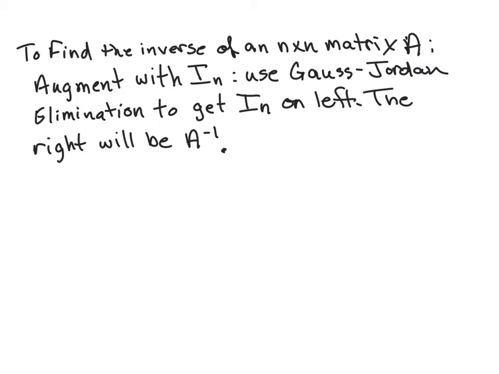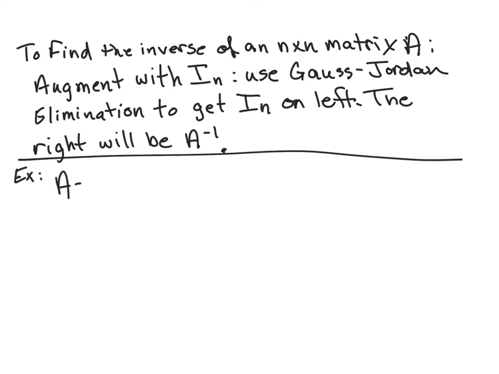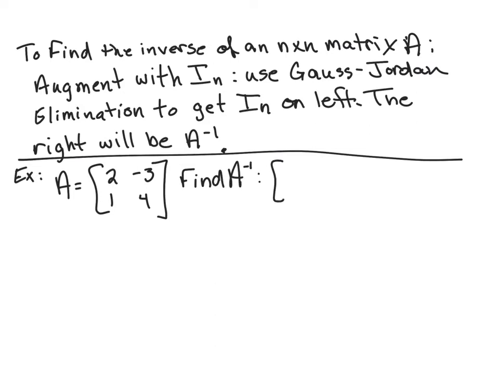Since we're lacking space here, let's do another 2 by 2 example. Let's let A be the matrix 2, minus 3, 1, and 4. I want to find A inverse, so I'm going to augment A with the 2 by 2 identity.